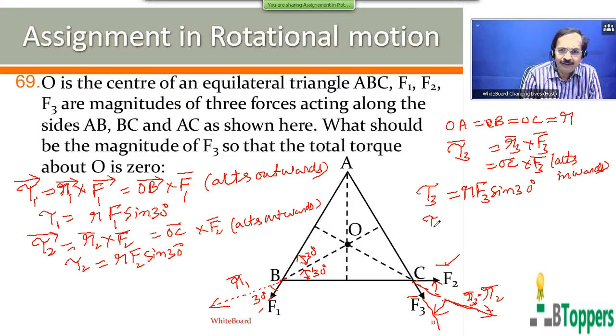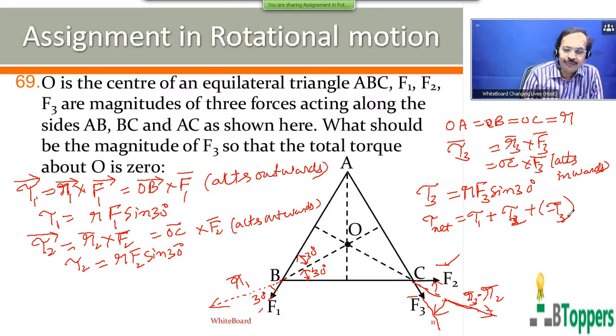If you give positive sign for torques which act outwards and negative sign for torques which act inwards, the resultant torque you can write as tau 1 plus tau 2 minus tau 3 is 0. So tau 1 plus tau 2 equals tau 3.